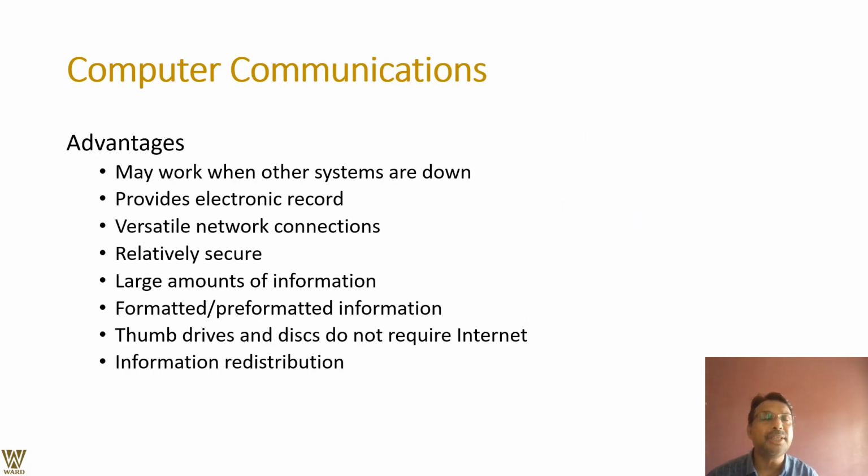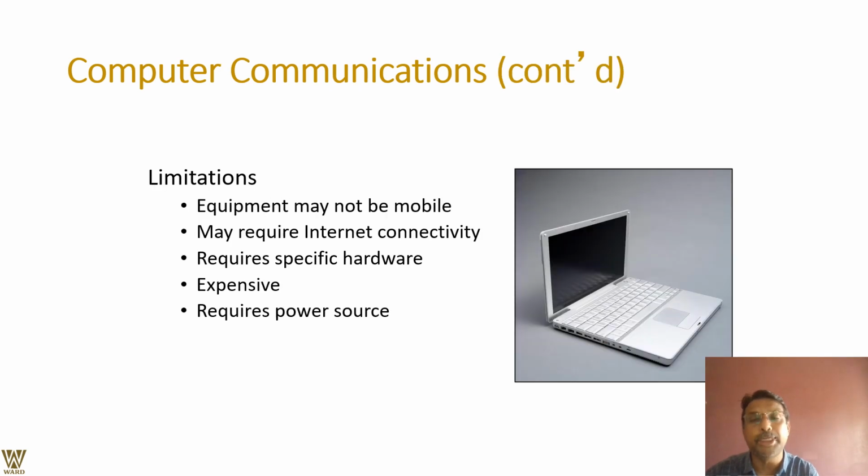Computer communication is another option. It may work when the systems are down. It provides electronic records, versatile network connections, and is relatively secure. A large amount of information, including pictures, photographs, and data, can be transmitted, formatted, and pre-formatted. Thumb drives and disks do not require internet, and most importantly, the information gets redistributed time and again.